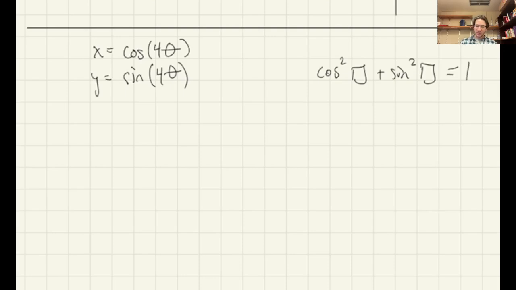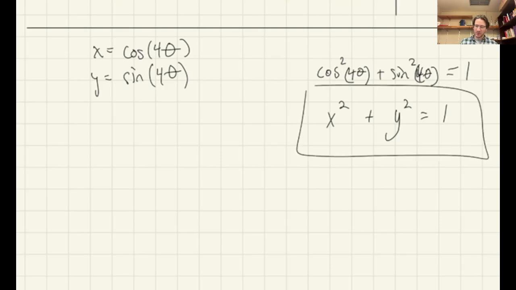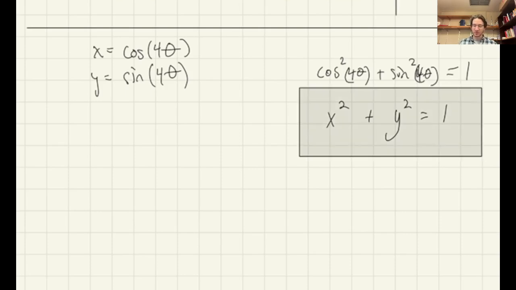And so in particular, cosine squared 4 theta plus sine squared 4 theta is equal to 1. But notice, cosine squared 4 theta is the same thing as x squared. Sine squared 4 theta is the same thing as y squared. And what's that the equation of? That's the equation of a circle.